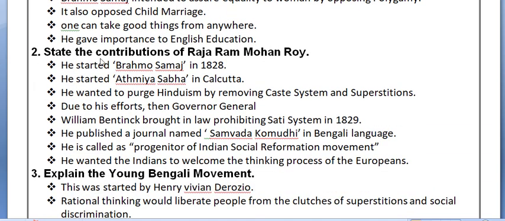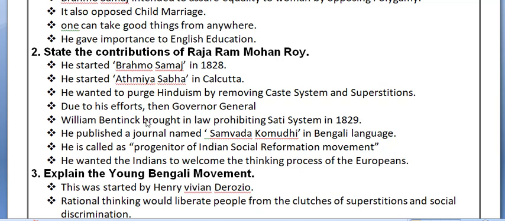Next question. State the contributions of Raja Ram Mohan Roy. He started Brahmo Samaj in 1828. He started Atmiya Sabha in Calcutta. He wanted to purge Hinduism by removing the caste system and superstitions.